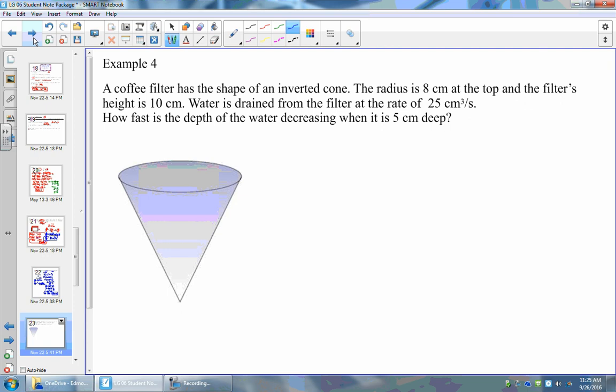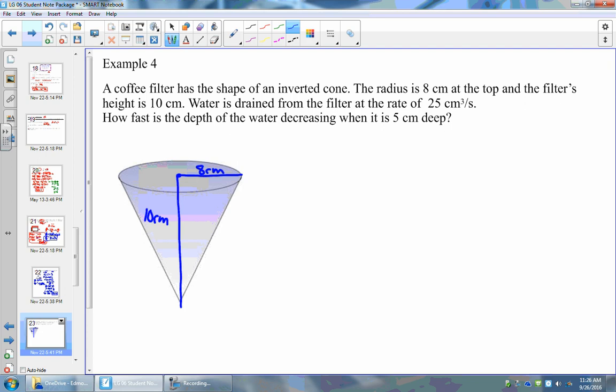Now, a diagram is really going to help here. And we've got some stuff that's not moving, right? The radius is 8. That's not moving. And it's saying the filter's height is 10 centimeters. That's not moving. What is moving is, it's saying water is drained from the filter at the rate of 25 centimeters cubed per second.